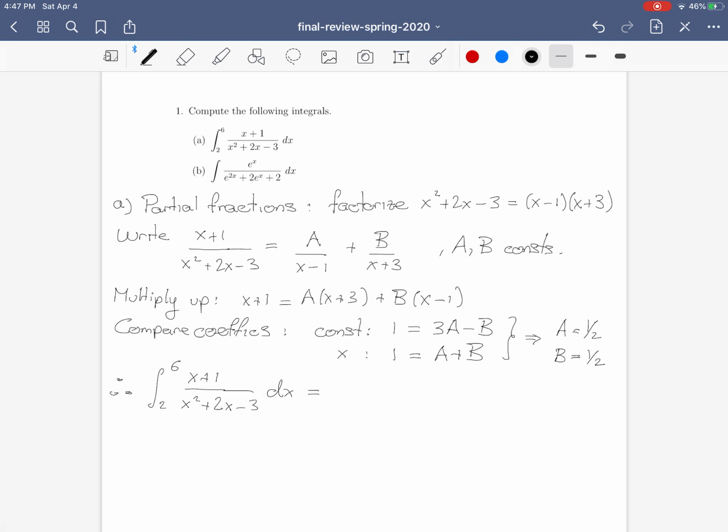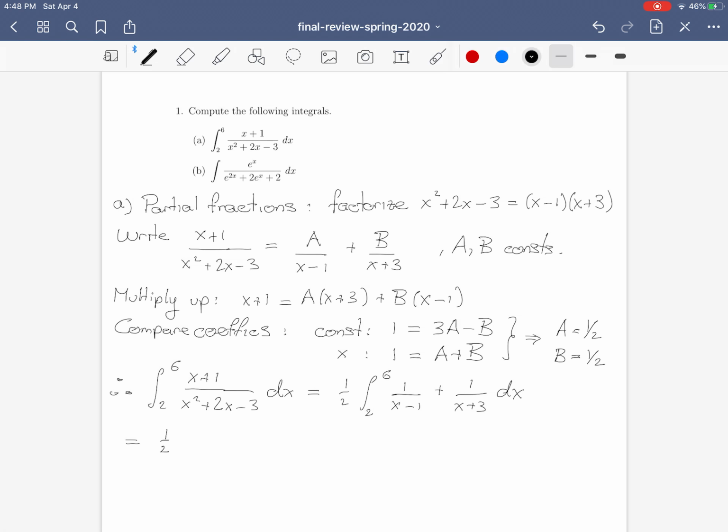We can write this as 1/2 times the integral from 2 to 6 of 1 divided by x minus 1 plus 1 divided by x plus 3 dx. And that 1/2 is just coming from the fact that both a and b are equal to 1/2 in our partial fraction expansion, as we just calculated.